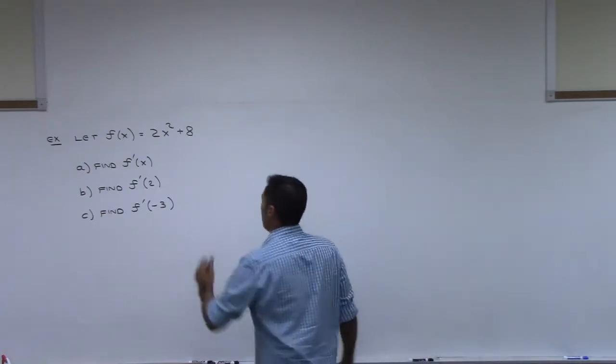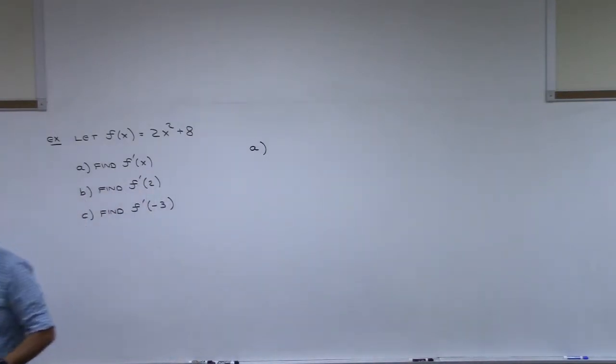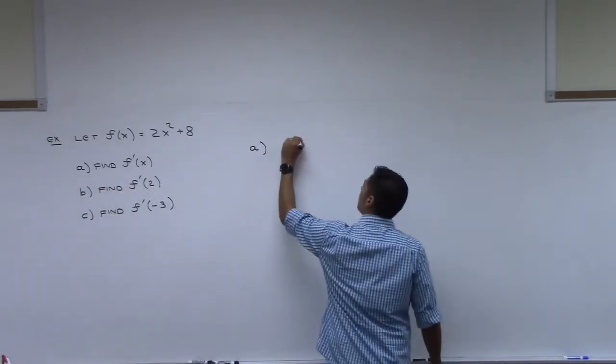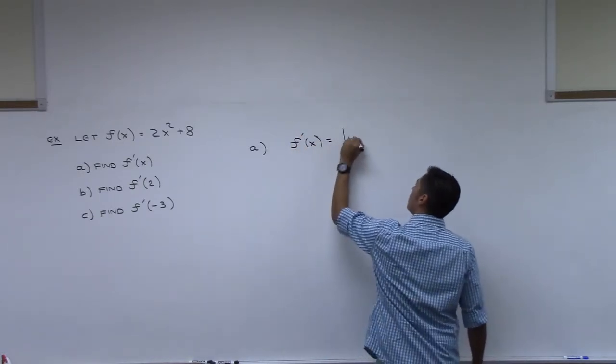All right, so for part A, what do I need to do? Plug in 2x squared plus 8. I'm going to be using the formula, right? Here's our formula.